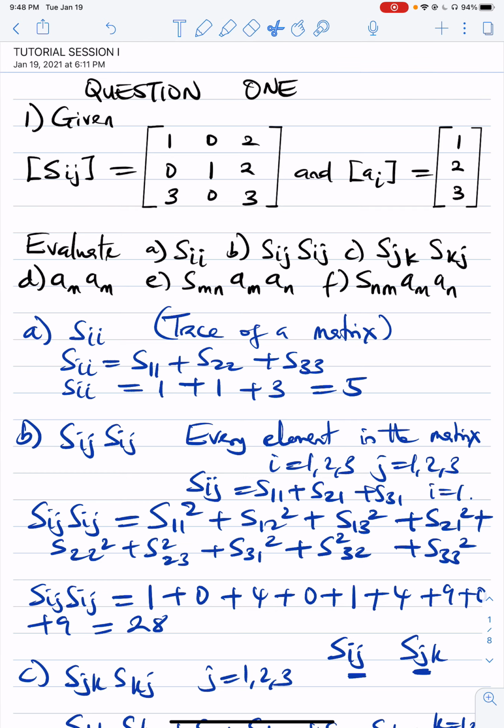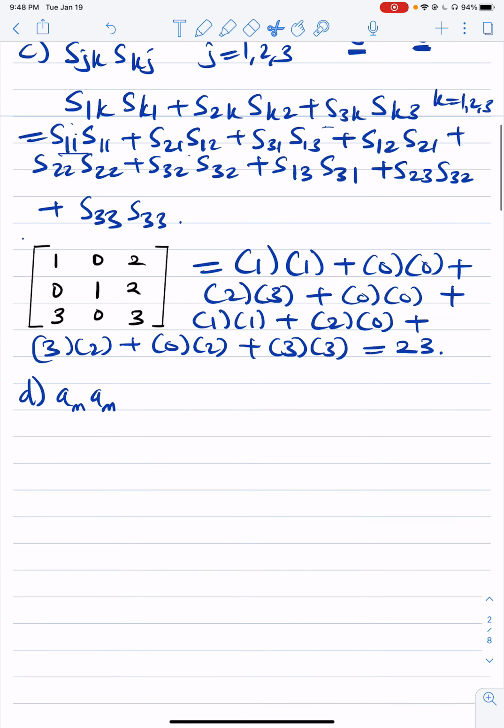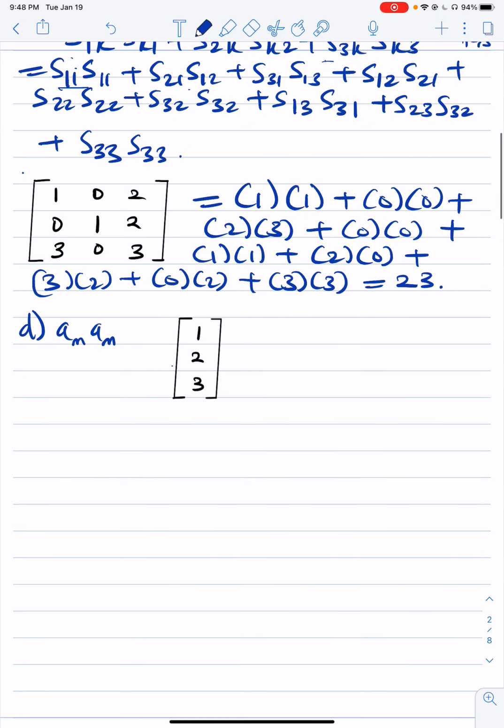The question says A subscript i, but it's still the same thing basically. Sometimes you have a different notation, but it doesn't change what the problem is itself. So A_M.